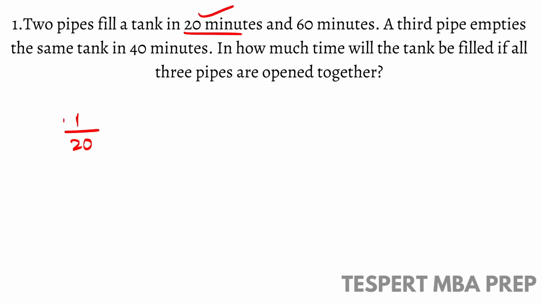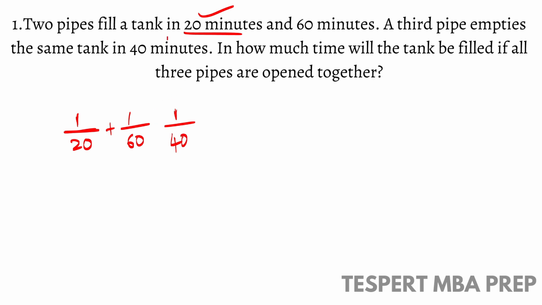So in 1 minute it can fill 1/20th part, whereas pipe 2 can fill the whole tank in 60 minutes, so in 1 minute it can fill 1/60th part of the tank. Moving on to the third pipe, it empties the same tank in 40 minutes, so in 1 minute it can empty 1/40th part of the tank.